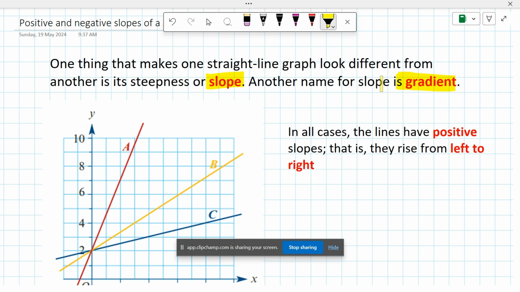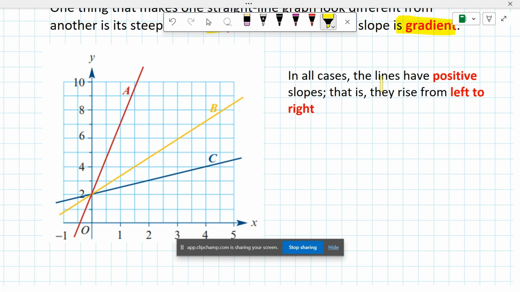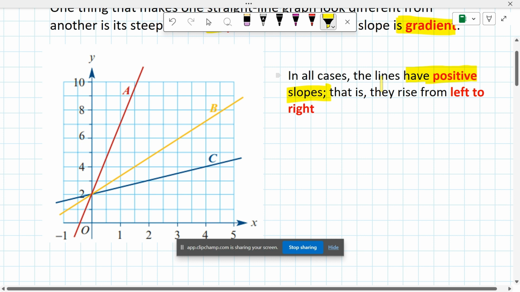All of this on the left-hand side goes from the bottom left to the top right. This is a positive slope, which is a positive gradient. And remember, it's always rising from the left to the right.